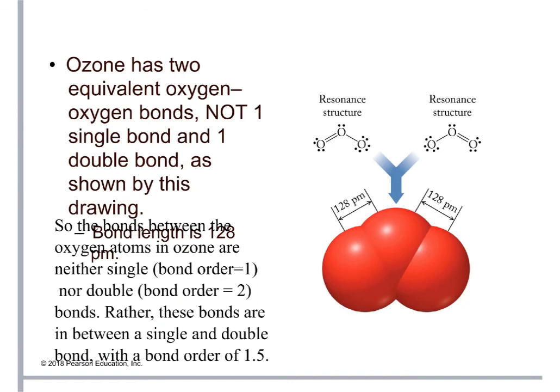Alrighty, I had mentioned equivalent resonance structures before, and ozone is another example. So just be aware that's what that's called in case you're asked a question to do with that.